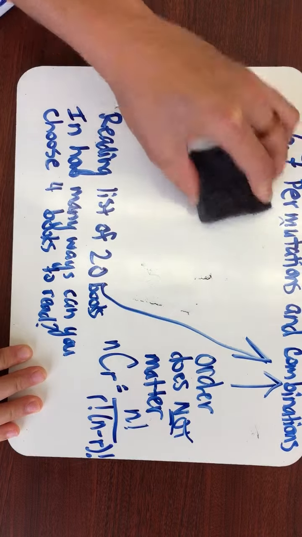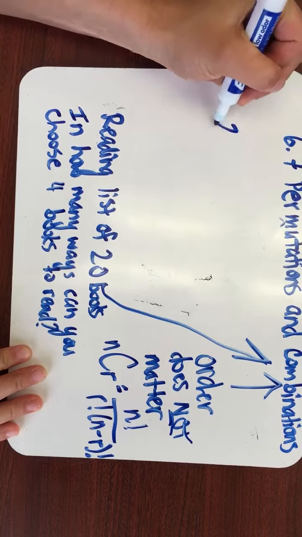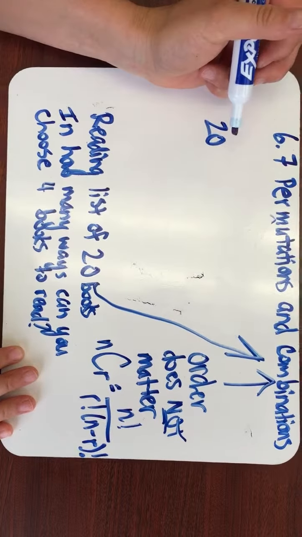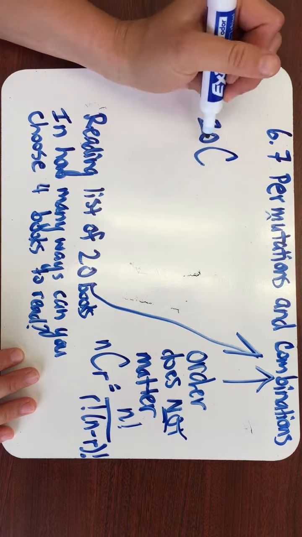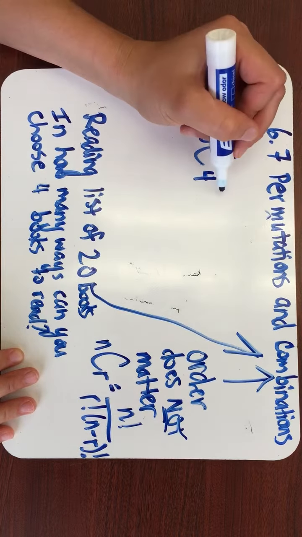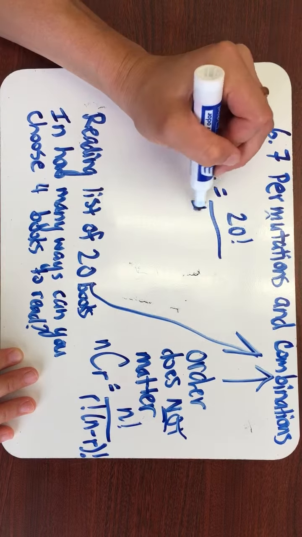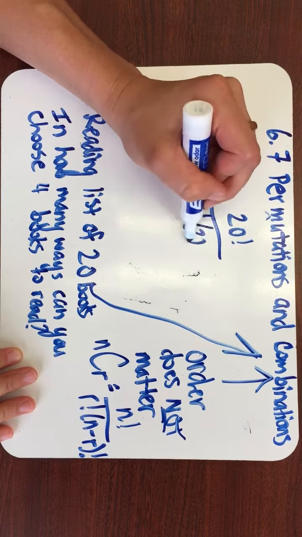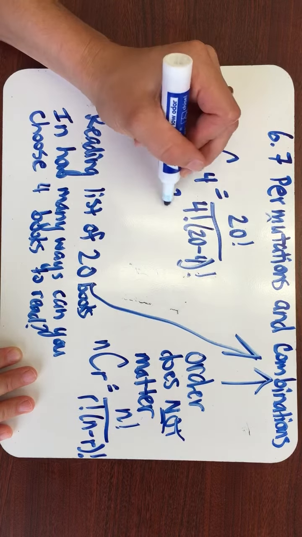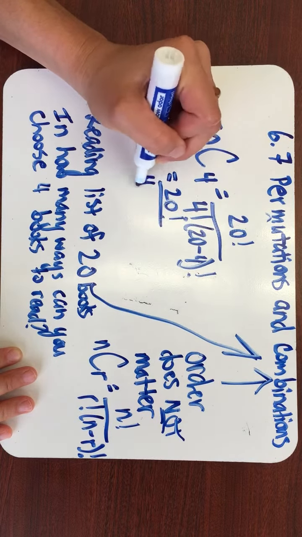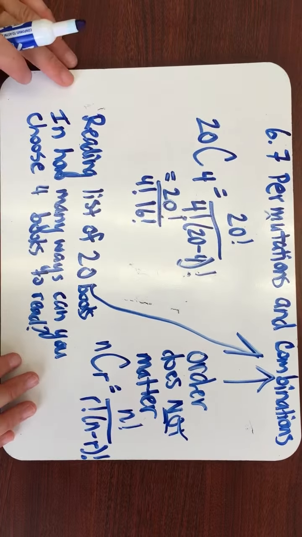So we'll plug that in and we have 20 books in total, and we're going to use a combination here, 20C4. So we get 20 factorial over 4 factorial times 20 minus 4 factorial. So this will be 20 factorial over 4 factorial times 16 factorial.